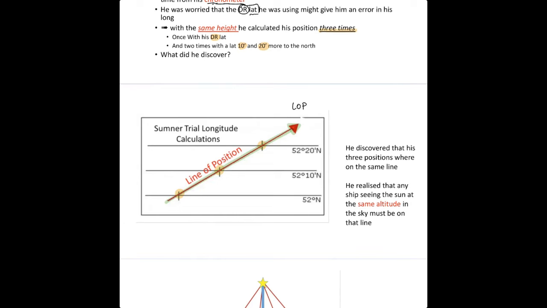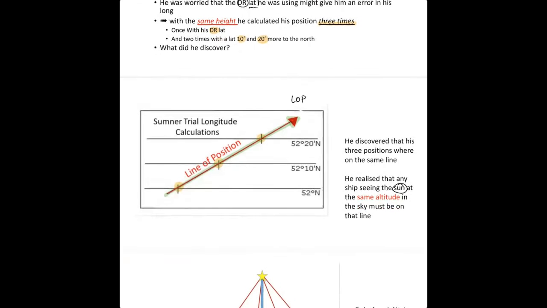Okay, so he discovered that his three positions were on the same line, so he realized that any ship seeing the sun at the same altitude, because he only had one observation from his sextant, but he used three different latitudes.